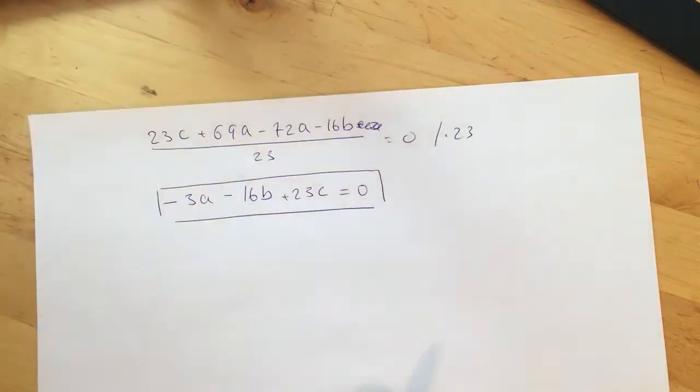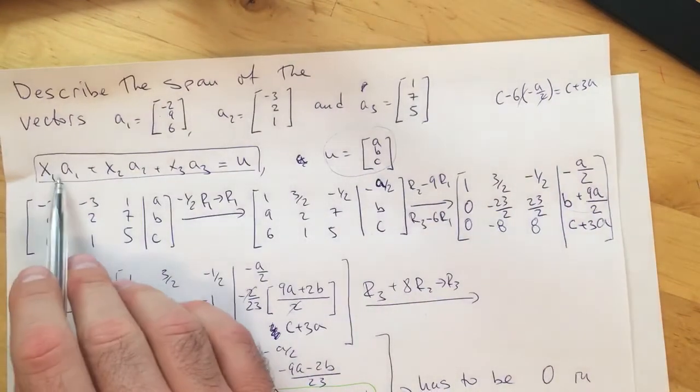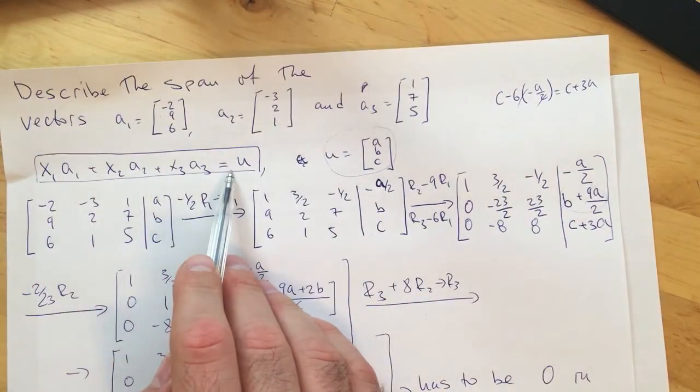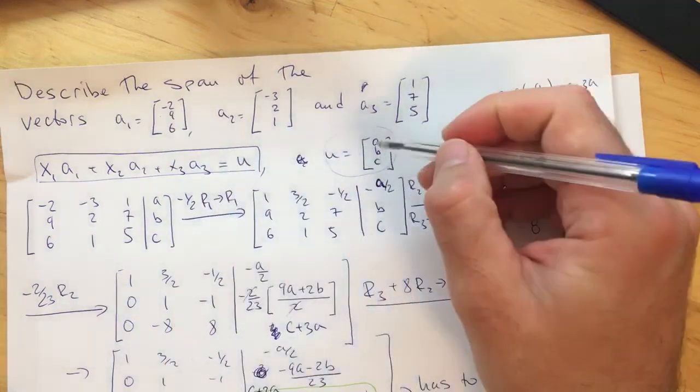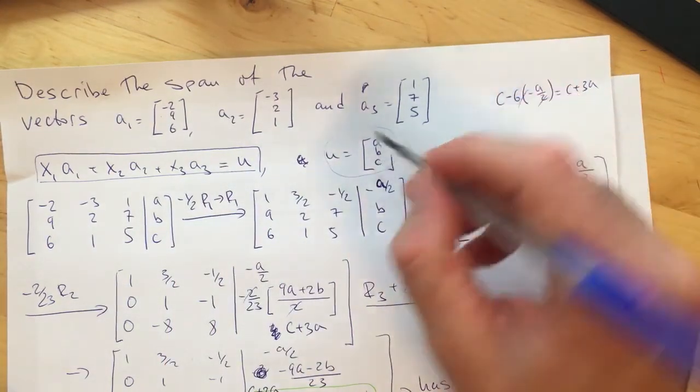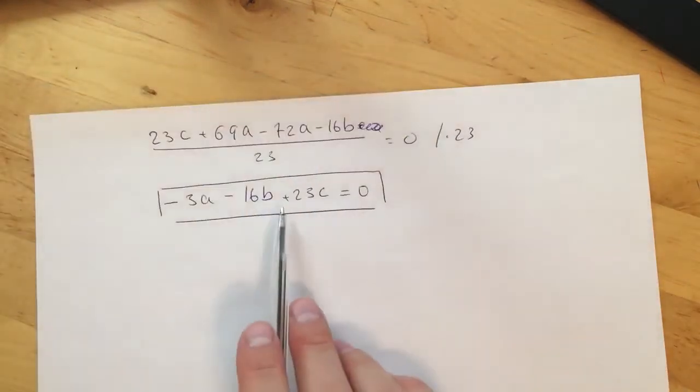So in order for this vector equation to have a solution, the relationship between these entries in the vector has to satisfy this equation.